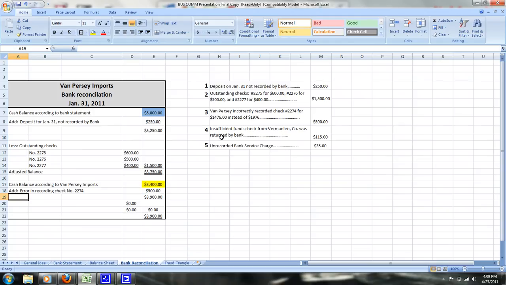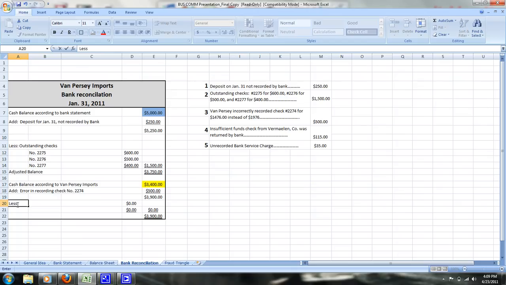Next, we have insufficient funds from Vermall and Company, returned by the bank, so $115. They wrote us a check and they didn't have the money, so our bank never got that. So we're going to have to subtract it from what we have in our books.